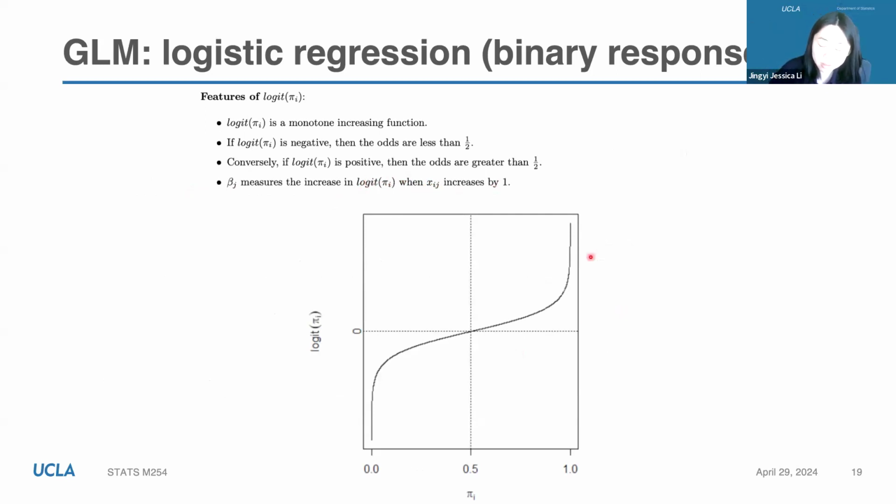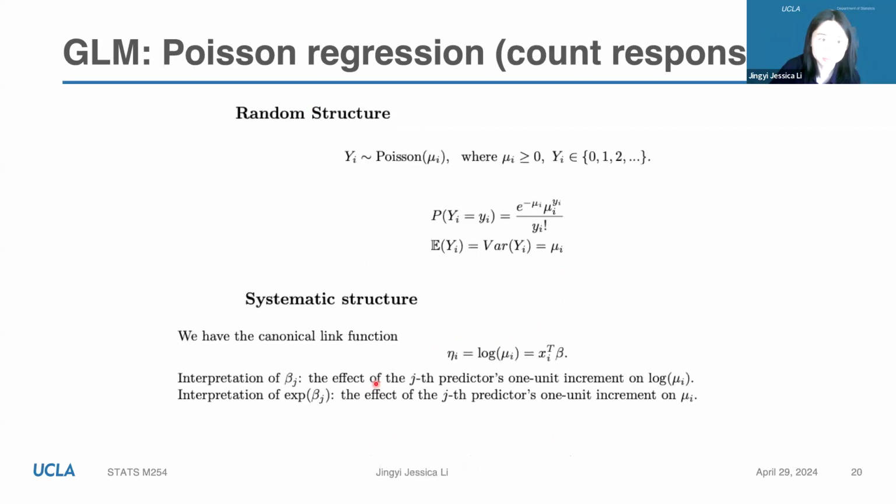The monotonicity is nice because we still say the larger the probability pi i, the larger the logit pi i. We basically convert the range 0 to 1 to the whole real line from negative infinity to positive infinity. Does that make sense? Okay, that's the logit.